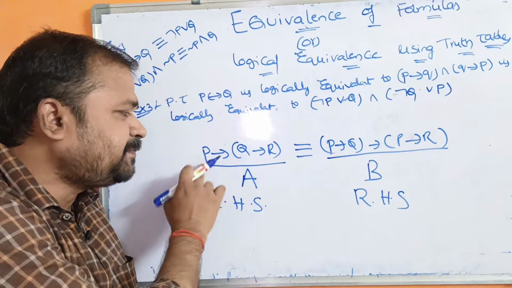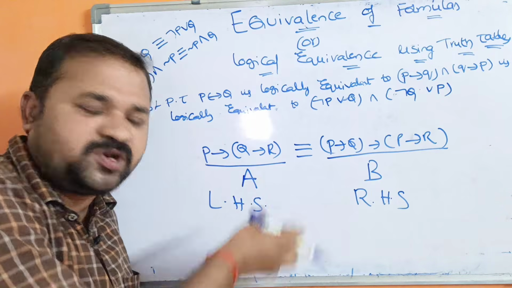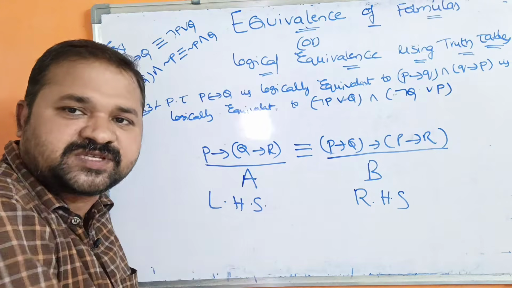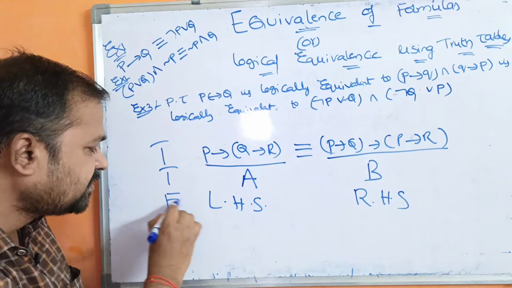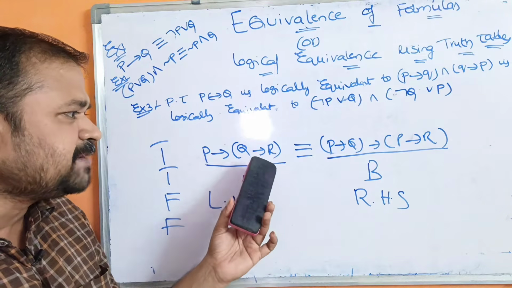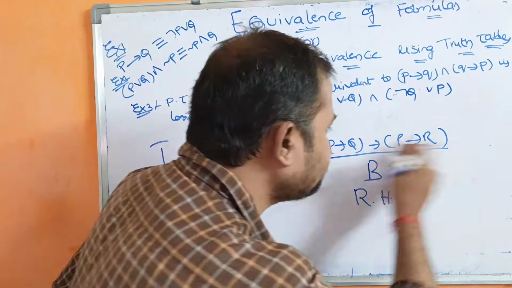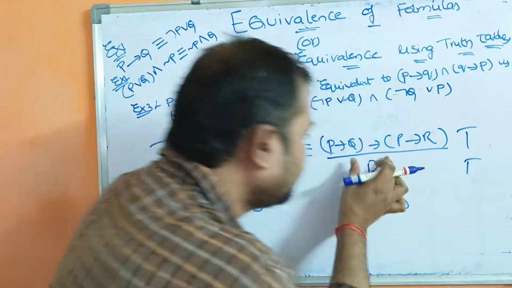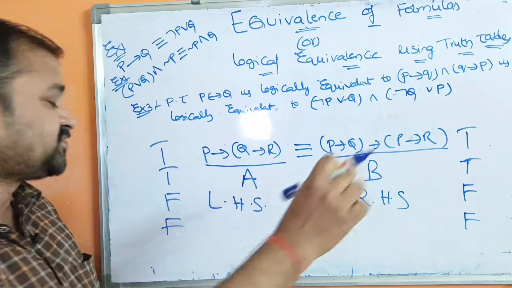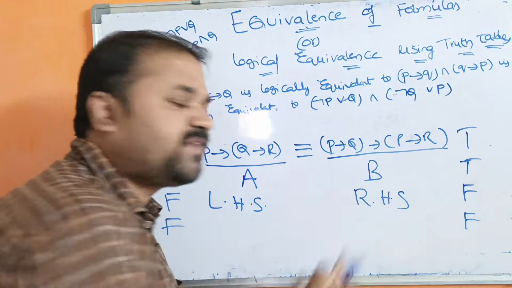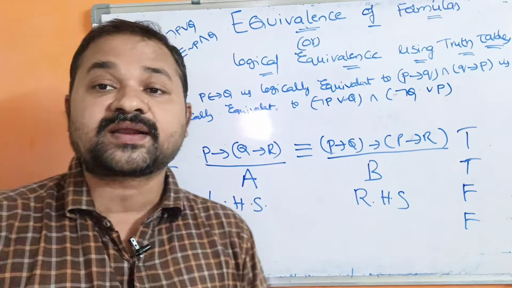This is the left hand side, P implies Q implies R. After calculating the truth table, it may contain some truth values, either true or false. Let us assume that the result of P implies Q implies R is true, true, false, false. Let us assume that after calculating the right hand side also, we got the truth values true, true, false, false. Now LHS is equal to the RHS.